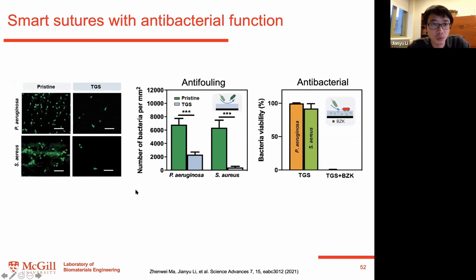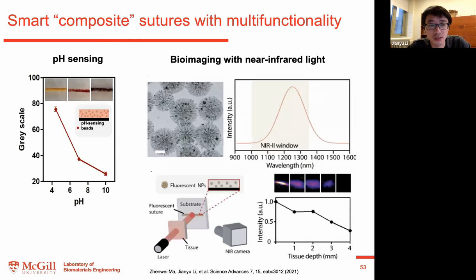Here, what we proved first is that by using this hydrogel, we can enable better antibacterial function. It not only prevents the adhesion of bacteria, but also by encapsulating antibacterial agents such as BZK, we can actively kill bacteria which may happen to stay on the suture surface or adjacent tissue sites.